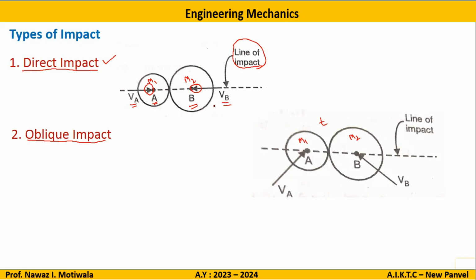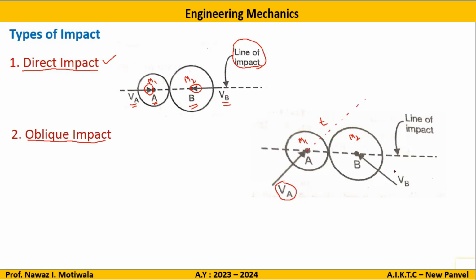In figure 1, the velocities of both particles A and B were along the line of impact, hence we said this type of impact is known as direct impact. But here, the velocity of particle A, Va, is along this direction; if I extend this, it goes towards this direction.